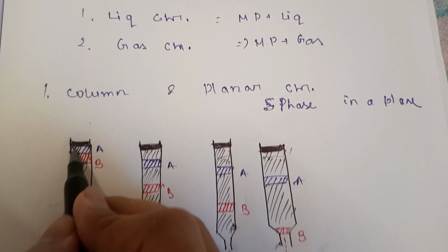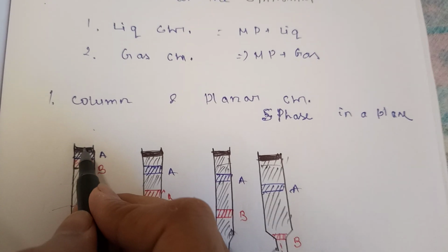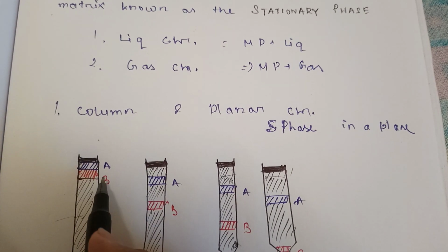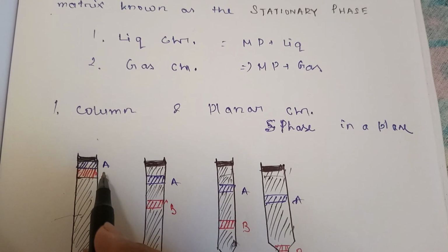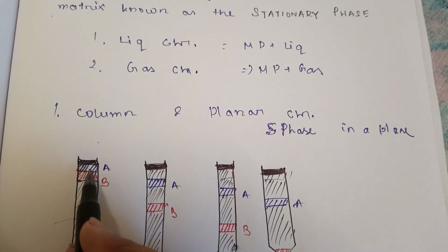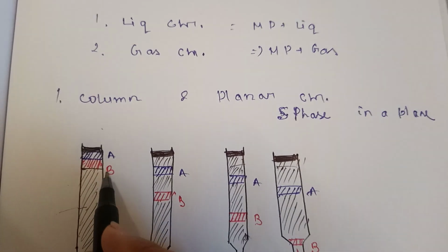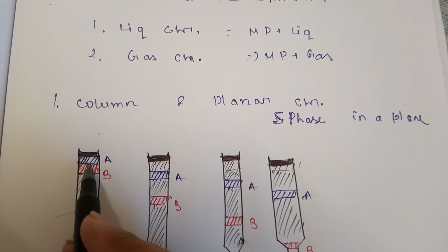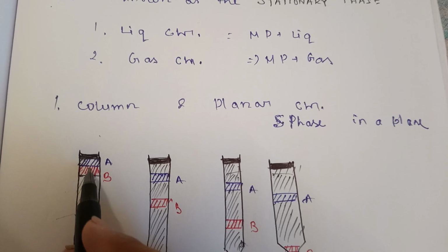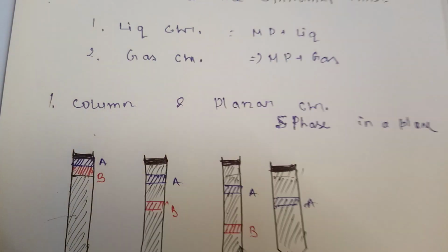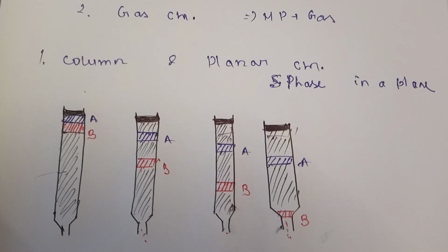Now here the fresh solvent is getting introduced, and we have to separate two different things, that is A and B. Let's say I have denoted A as blue and B as red. So here you can see initially you can have very little difference in band between them.